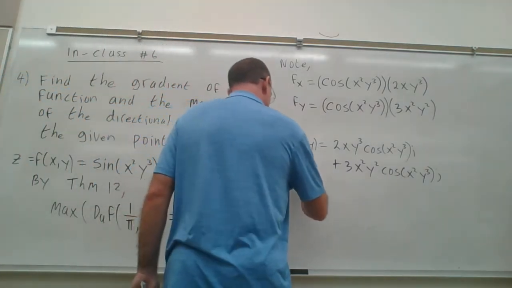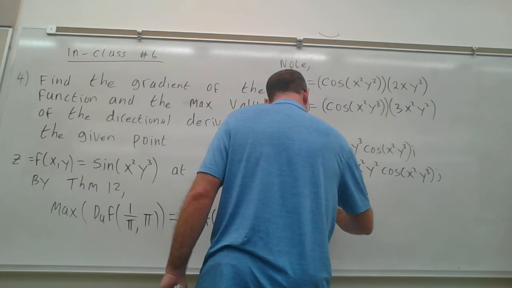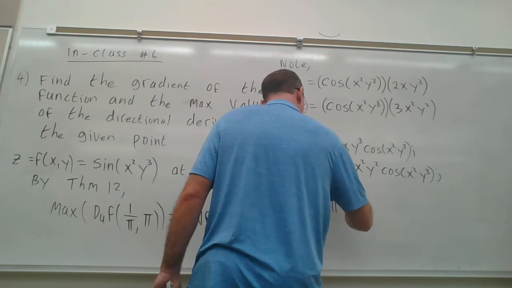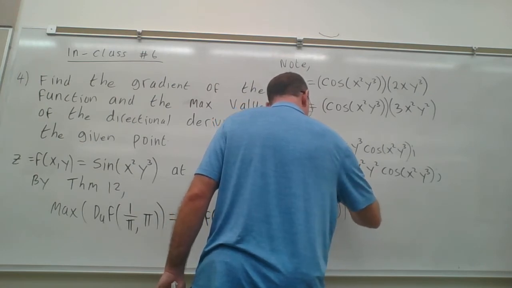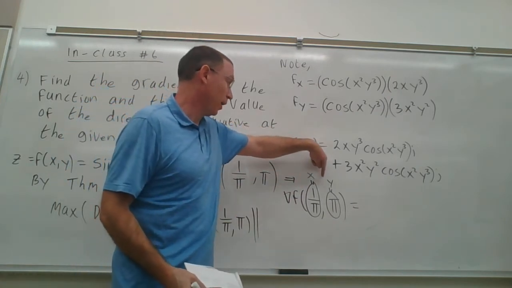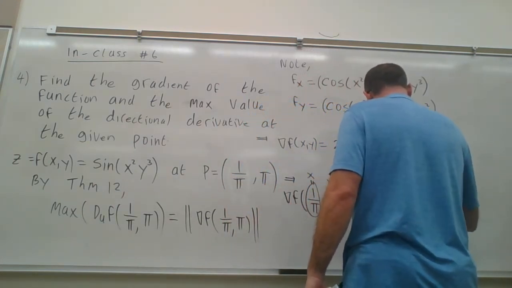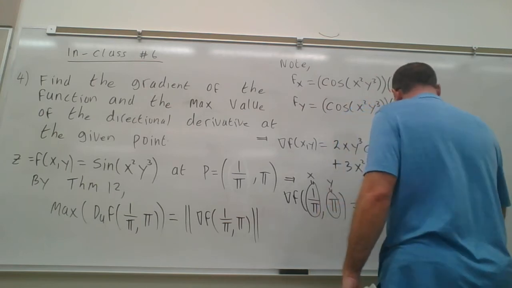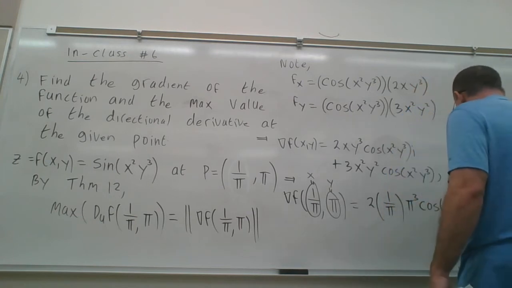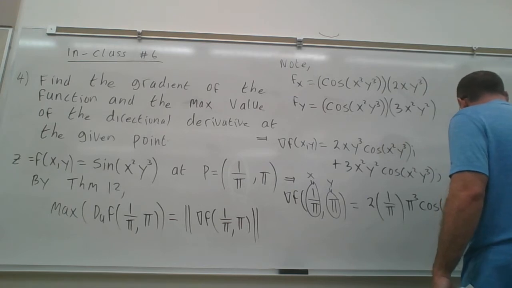So then our gradient at our point, (1/π, π), this is our x, this is our y. So on the equation above, stick in 1/π for x, π for y. So it's going to be 2 times 1/π times π cubed times cosine of (1/π) squared times π cubed.